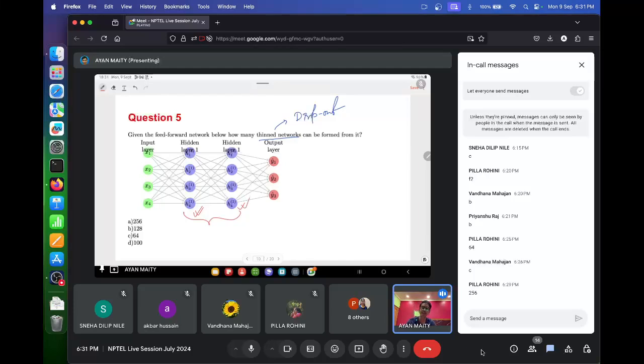So we can remove any number of hidden units from these 8 hidden units in any thin network. There are 8 total units, so 2 to the power 8 is the number of possible ways we can choose which units to be removed. So the correct answer is 2 to the power 8, which is 256.